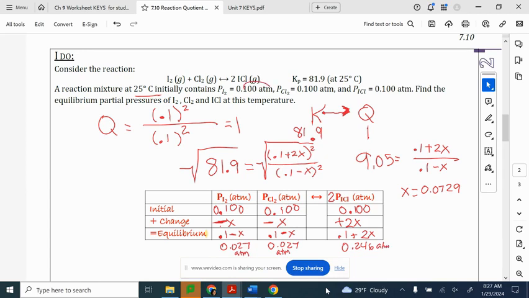Okay. We talked about ATM up here with our starting values. That's what we're running with all the way down through here to get to that point.